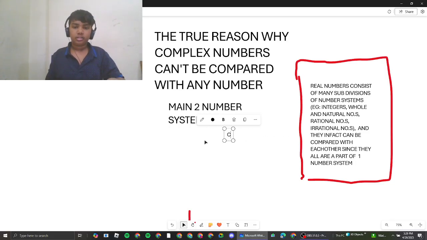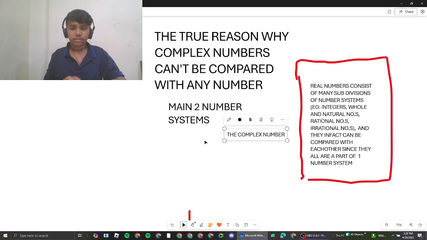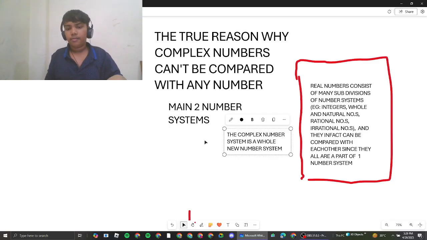The complex number system is a whole new number system which is not contained within real numbers.